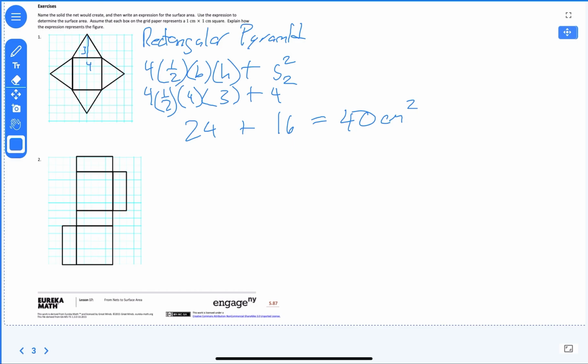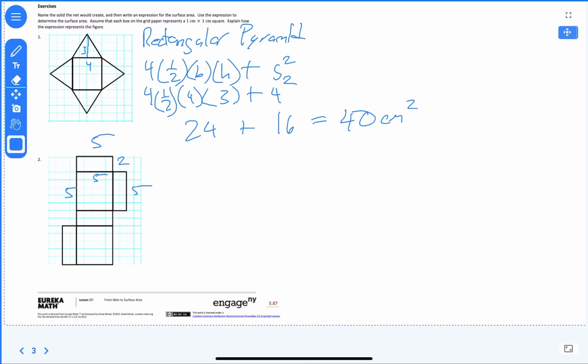Everybody say how we're doing that. Take the shapes that are together, or that are the same, multiply them by how many you got, and then find the other shape. All right, so here we have a 2 by 5, and then we have a 5 by 5.